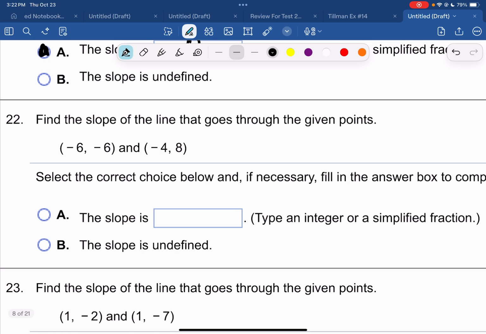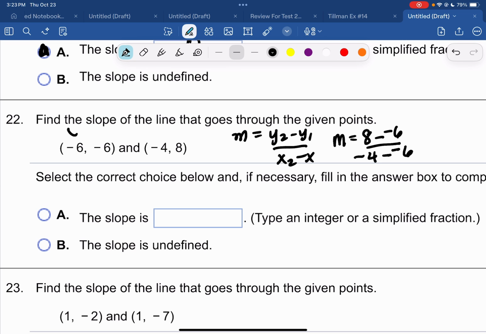So I gave you several of these because I really want you to practice the formula, and I want you to practice writing it down. Slope is y2, subtract y1, x2 subtract x1. So my slope is 8 subtract negative 6, okay? Negative 4 subtract negative 6, okay? I didn't label x1, y1, x2, y2. So I started with the 8, and then subtract is in the formula, negative 6.